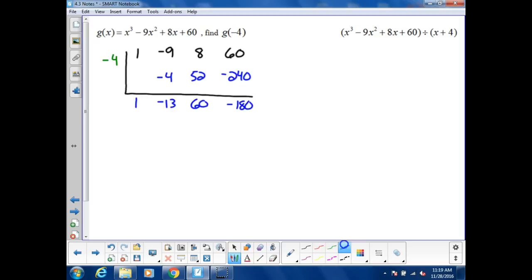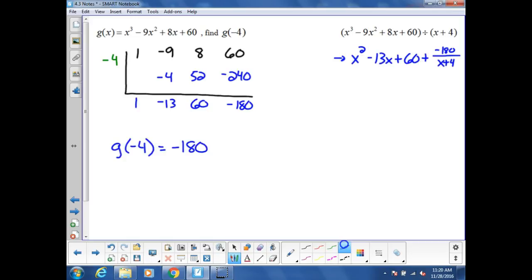So if I were dividing this problem, it would be x squared minus 13x plus 60 plus negative 180 over x plus 4. If I am substituting, if I'm using synthetic substitution, g of negative 4 then is negative 180.